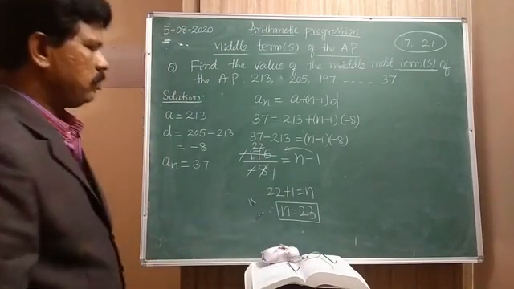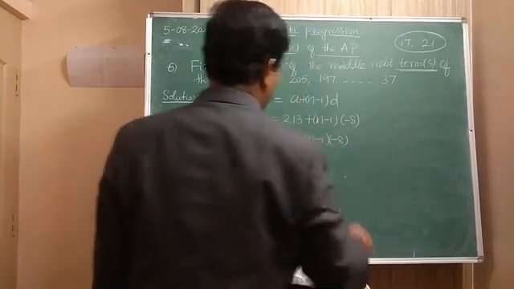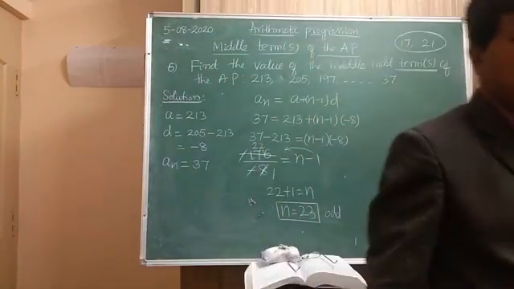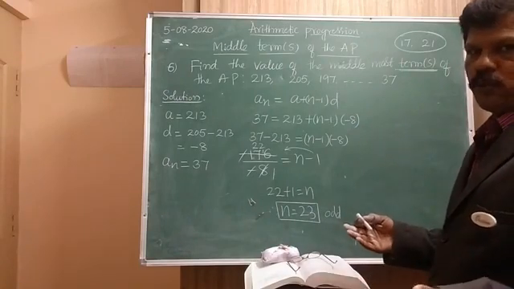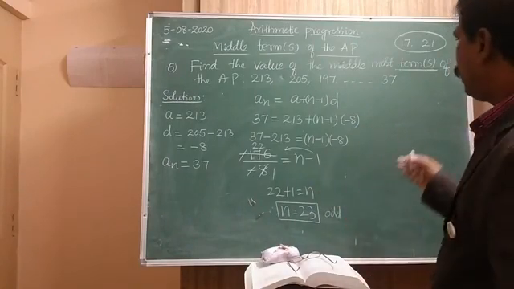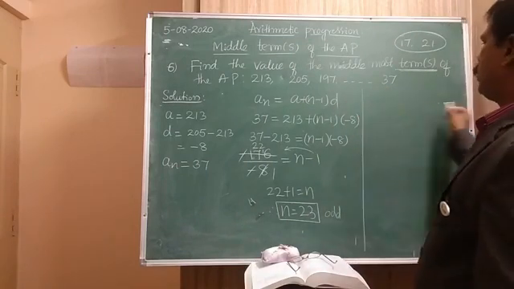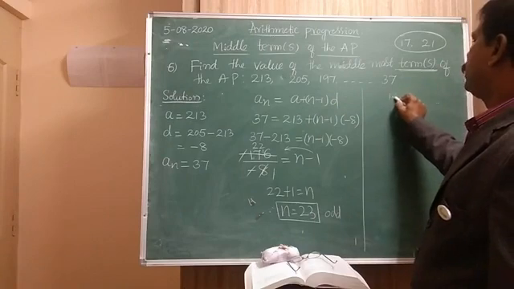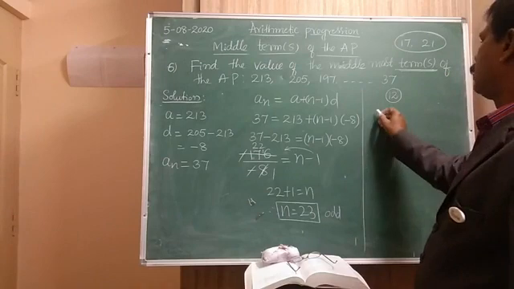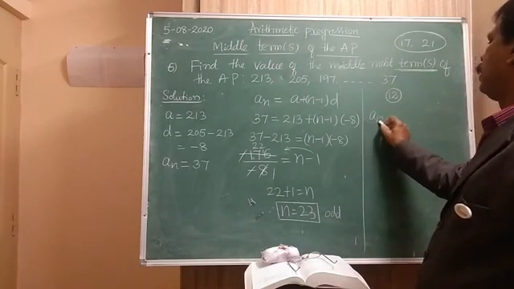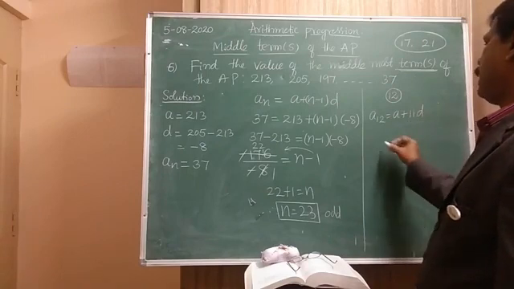So the number of terms is odd. 11 plus 11 is 22. So on taking 11 plus 11, and shifting this 11 to this side and 11 to this side, we will get the 12th term as the middlemost term. So a12 is equal to a plus 11d.